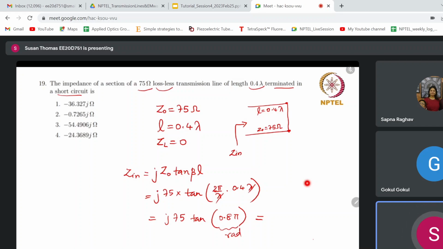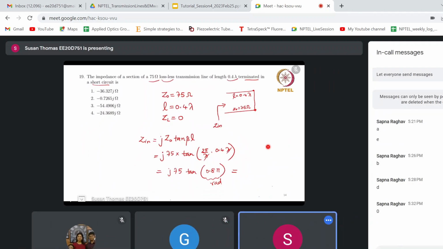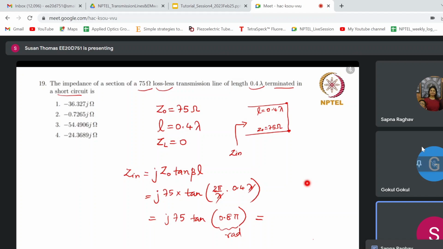While doing the calculations, please keep an eye on radian and degree. Yes, right answer, Sapna. It is minus j 54.5. Okay, I hope this is clear. Let's move on to the next.